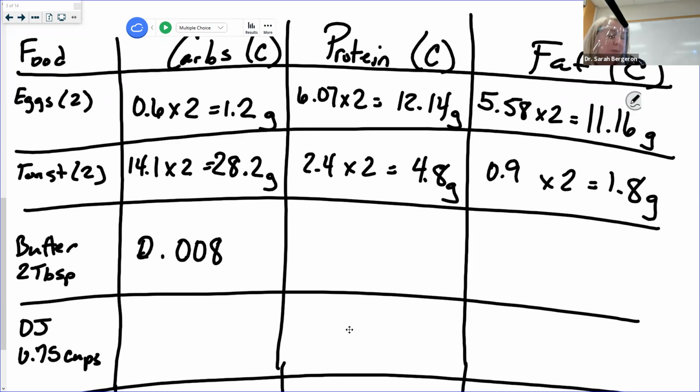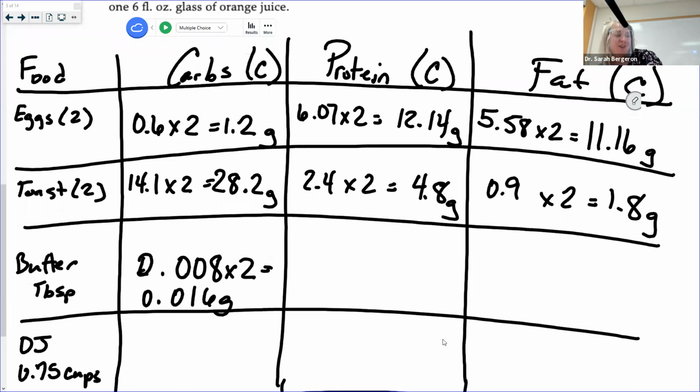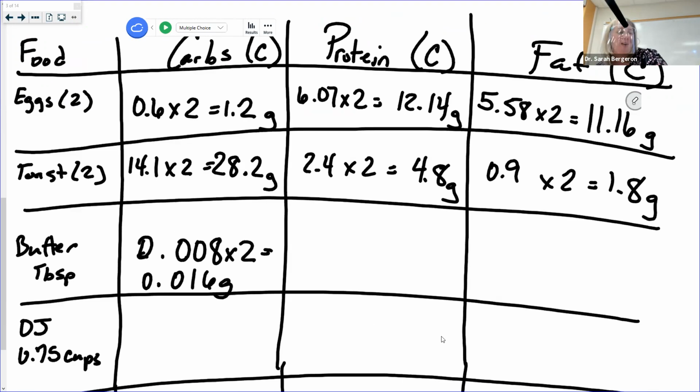Oh, because it's 2 tablespoons, we have to do times 2, right? 0.0616. Sorry about that. Oh, is butter 1 tablespoon or 2 tablespoons? It's 1 in the question. Let's see, they only put 1. Okay, so it is only 1.